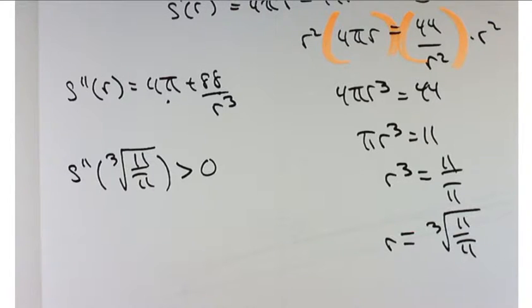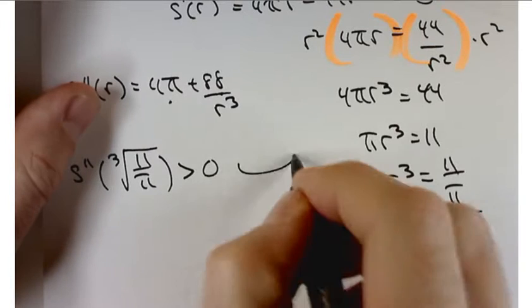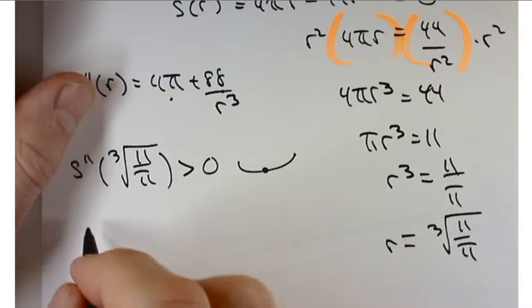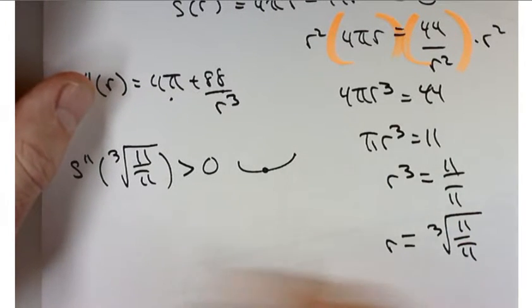If it's greater than 0, what kind of a point do I have by the second derivative test? A minimum, yeah, because the shape would be concave up. So if it's a concave up shape, then it has to be a minimum point. So there's your shape, concave up. So this is a minimum.